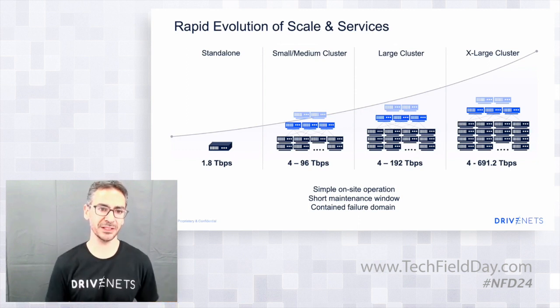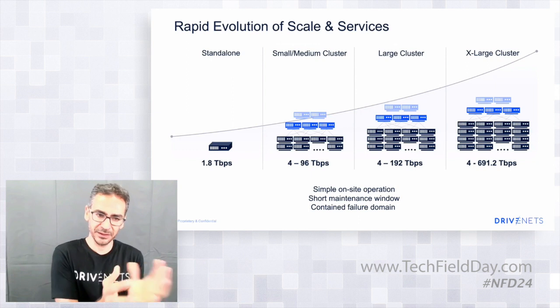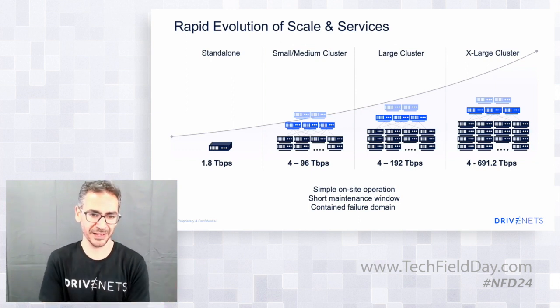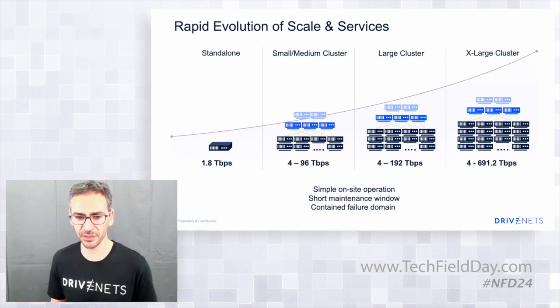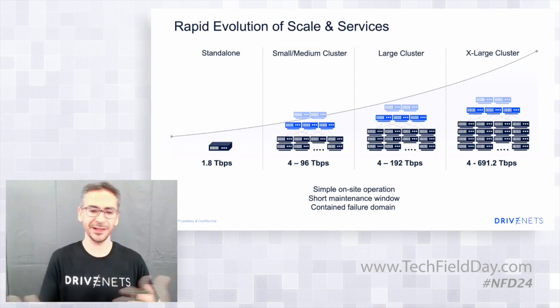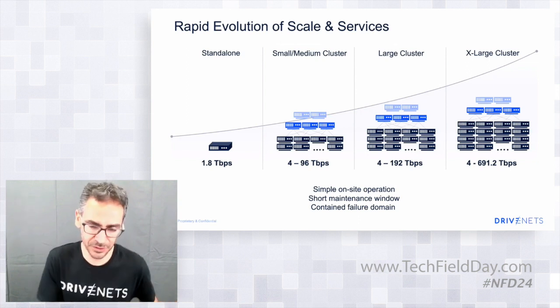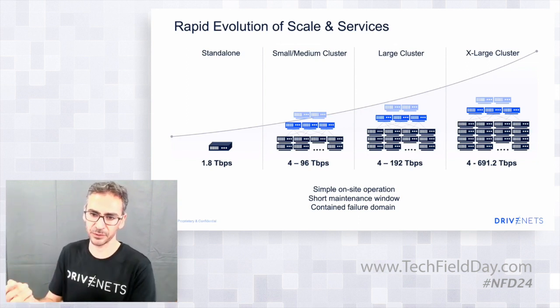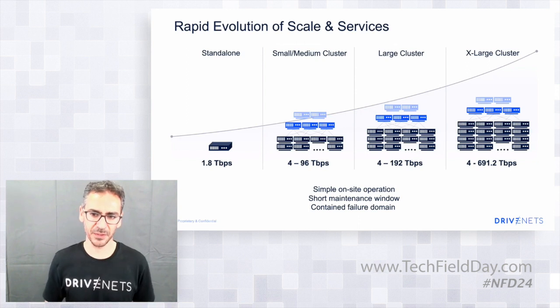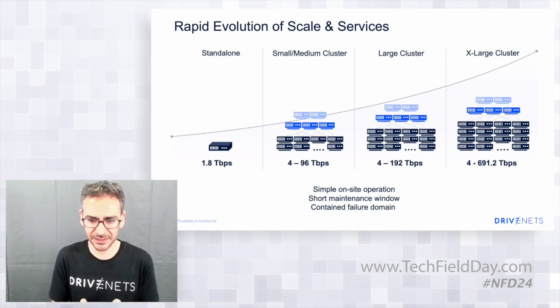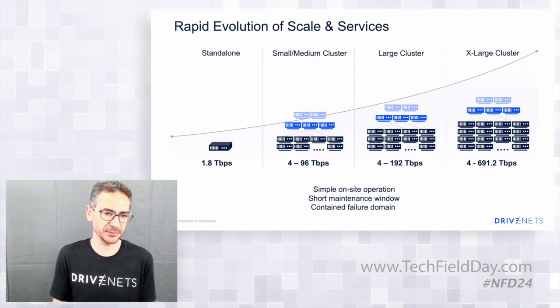And then when you need a small or a medium cluster, this is roughly the capacity that you will go towards, moving into a large cluster or an extra large cluster. And like I said, any size in between is valid, and it can also grow with how you're scaling the network. The interesting part is that operating all of this is the same way.